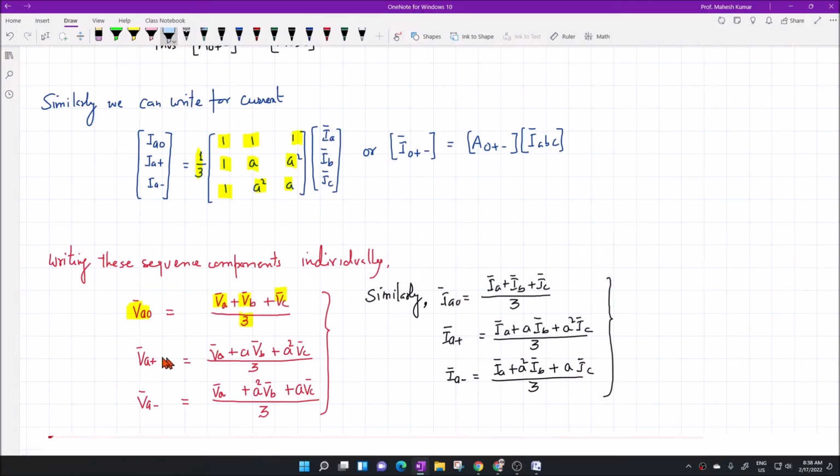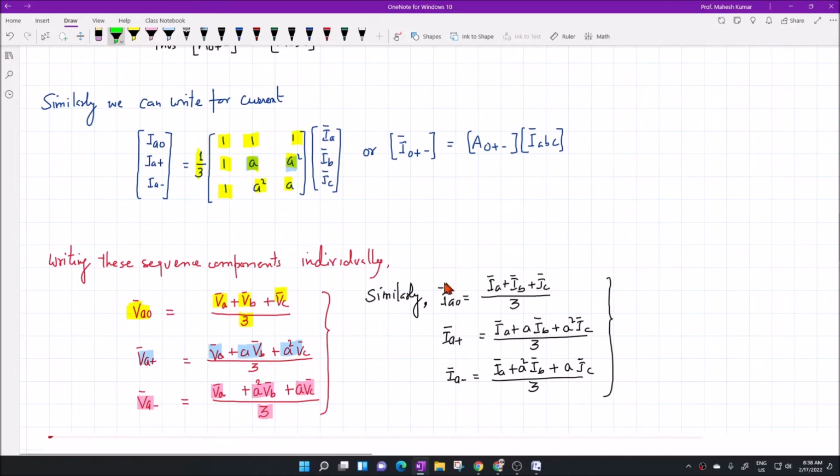And BA plus will be BA plus a BB plus a square BC, this row. And the third one will be BA minus equals BA plus a square BB plus a BC by 3. So these three components are expressed as a function of BA, BB, BC.